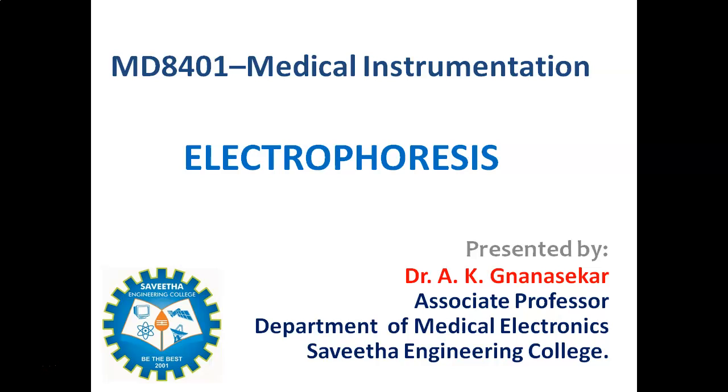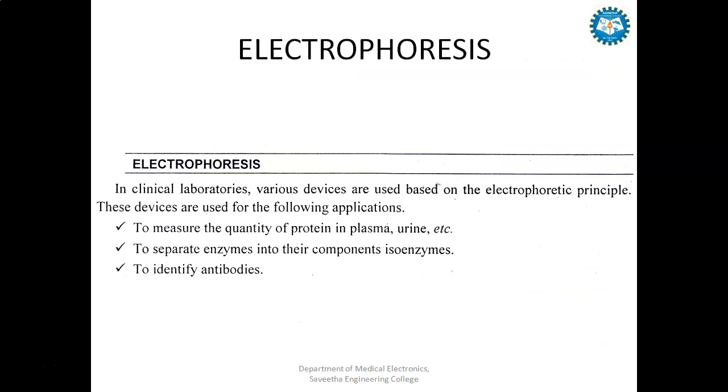Today, I am going to discuss a topic, electrophoresis, which is the fourth unit of the Medical Instrumentation subject. Electrophoresis is the main technique in clinical laboratories, where you will find various devices being used that apply the electrophoretic principle.